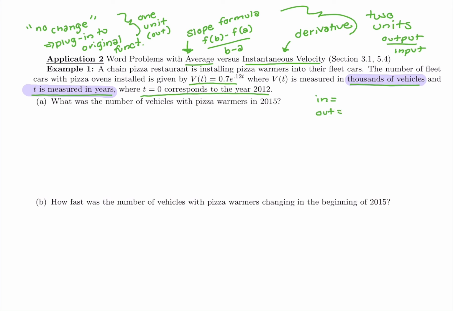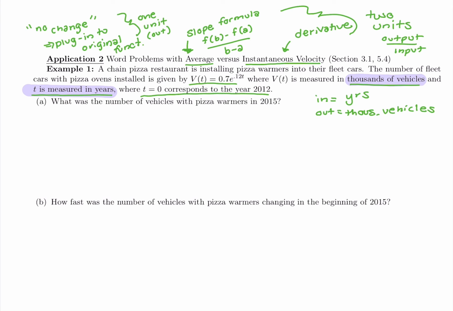We have to figure out what we plug in and what we get out. Well, for V of t, we're plugging in time, we're plugging in years, and depending upon the years, we can tell how many thousand vehicles there are. So tell me what year it is, and I can tell you how many pizza warmers they should have installed.